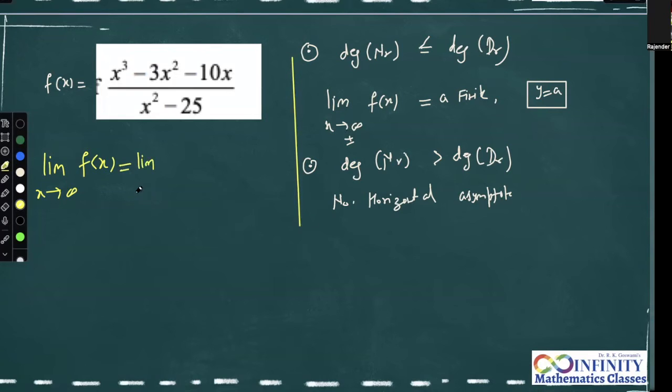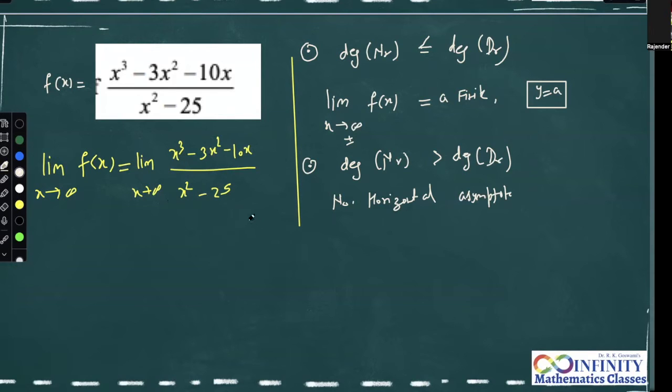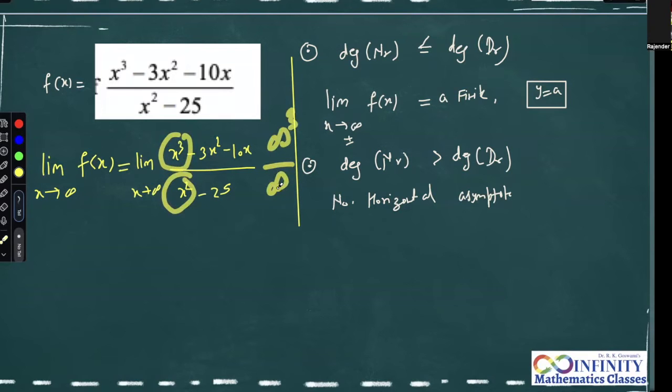So how should I do this? This is going to be an infinity over infinity structure, yes or no? If you place infinity in place of x, the numerator is infinity cubed, which is infinity, and the denominator is also infinity. So it is an infinity over infinity term.